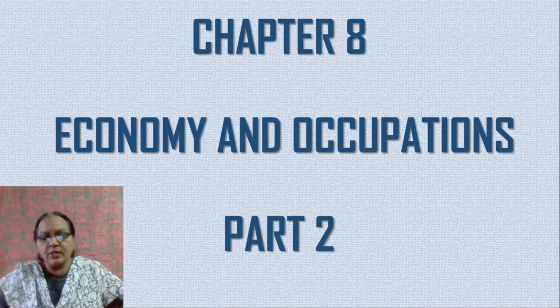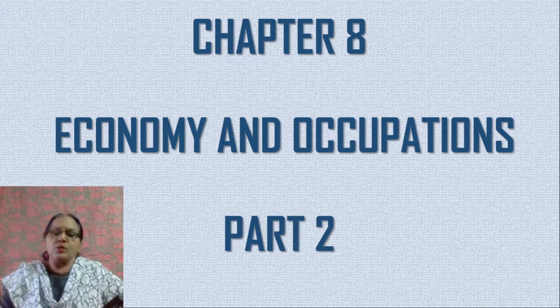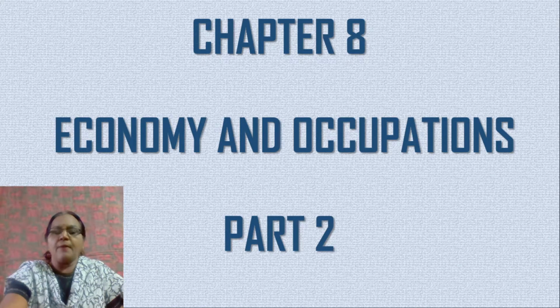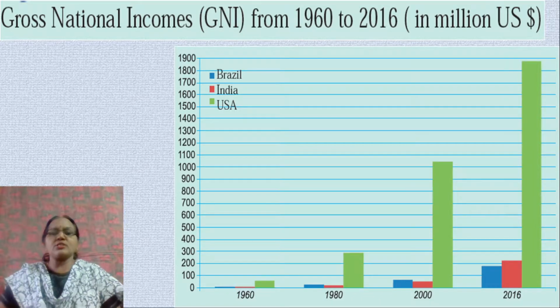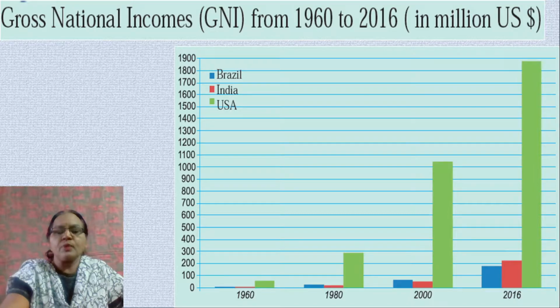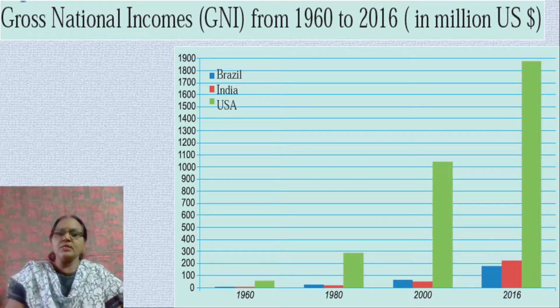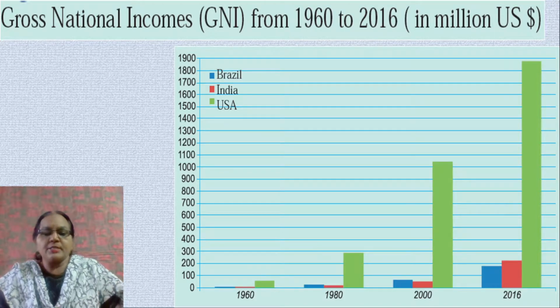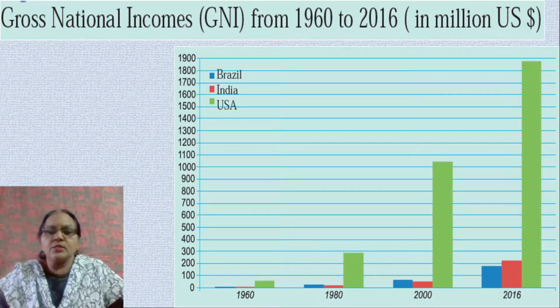Now here we are going to do a study about the gross national incomes from the year 1960 to 2016. So here is a graph which shows the gross national incomes of three countries: Brazil, India, and the USA.